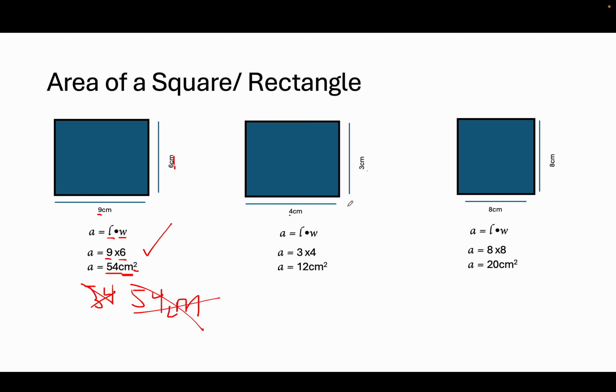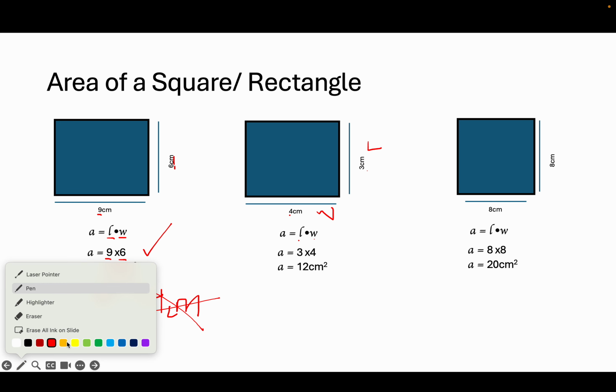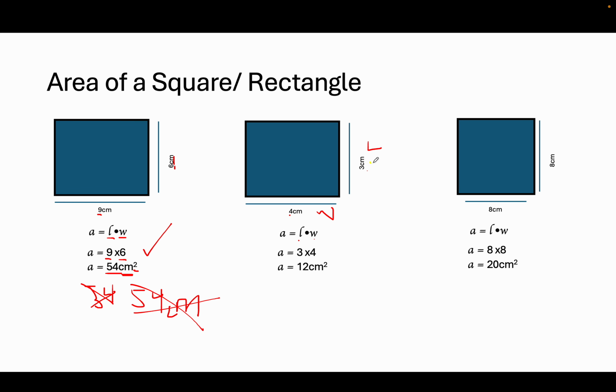4 times 3. Length times width. So here I put in the formula backwards because it's the same. You could call this length, or you could call this width, or you could call this width and this length.